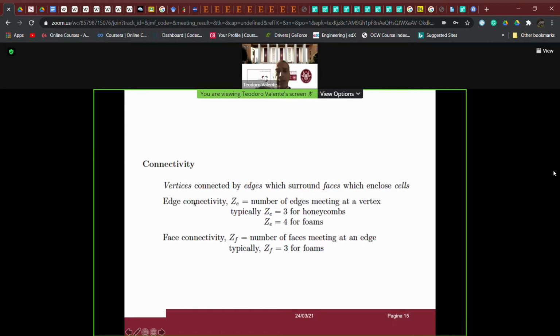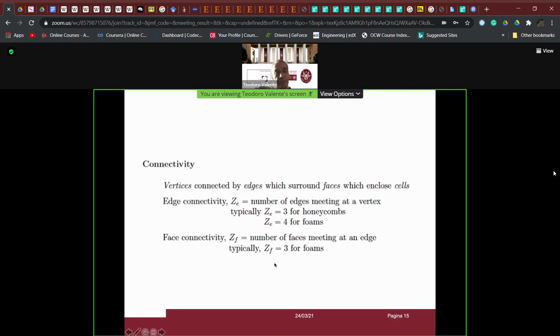The edge connectivity is usually defined as ZE, and it represents the number of edges which are meeting at a vertex. The phase connectivity is defined as ZF, and this is a number which defines the number of phases which are meeting at an edge.